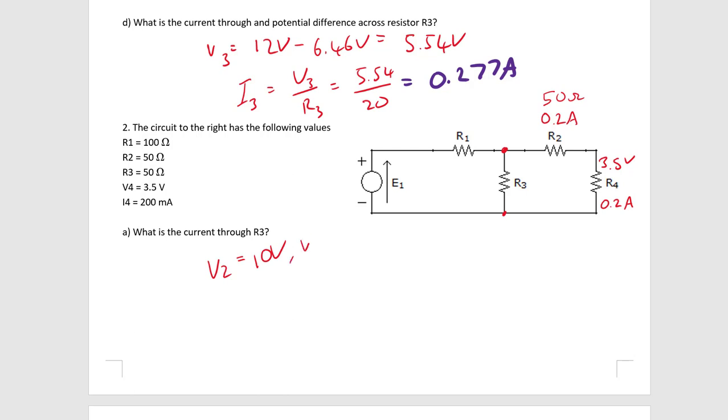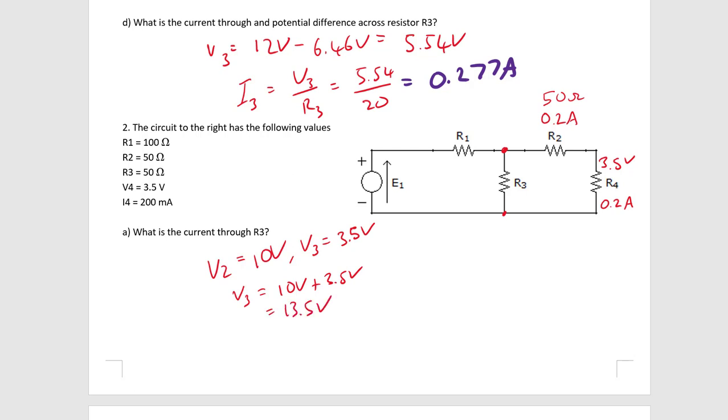The potential difference for R4, which has already been given to you, is 3.5 volts. Now this is important, because we can say the voltage across R3 is going to be the same as 10 volts plus 3.5 volts, so it should be 13.5 volts.